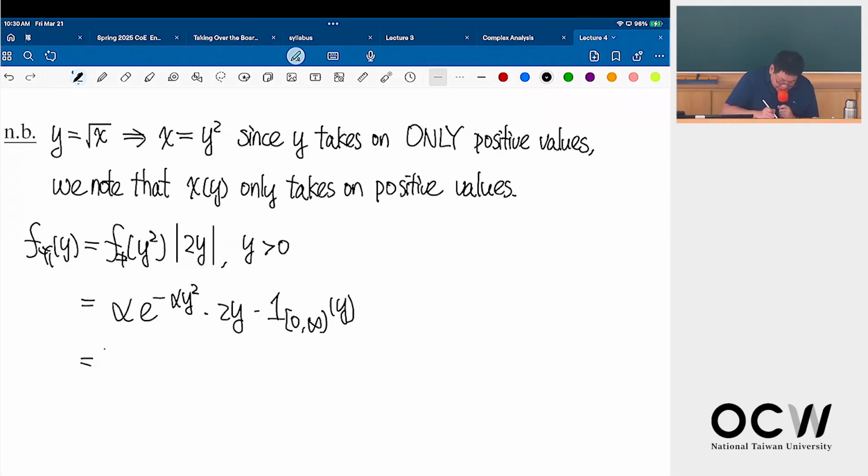We can also express that in two parts. It's either 2 alpha y e to the minus alpha y squared, for y greater than or equal to 0. The other one is 0 otherwise.